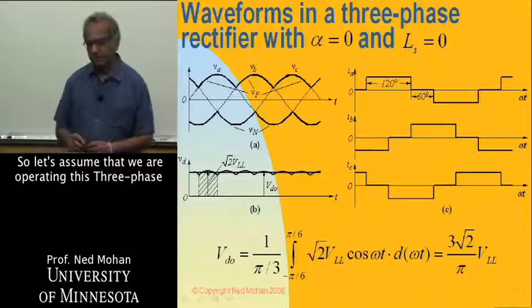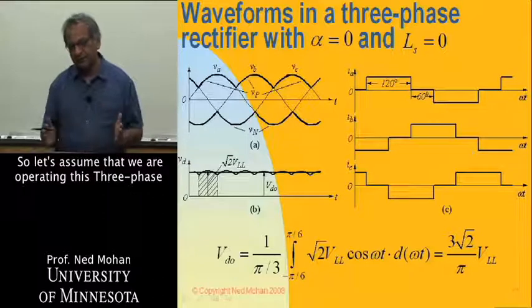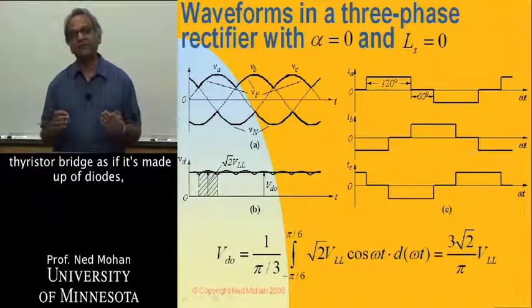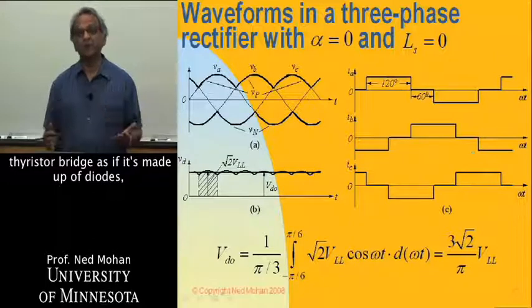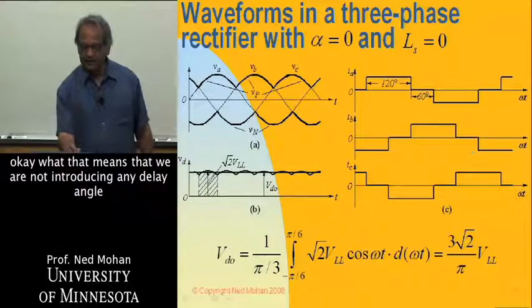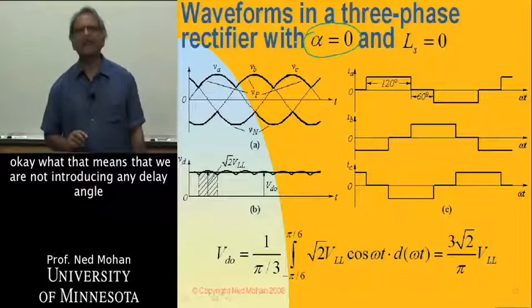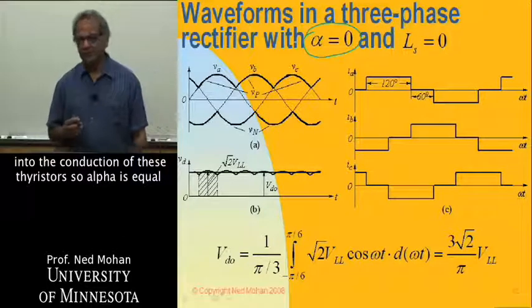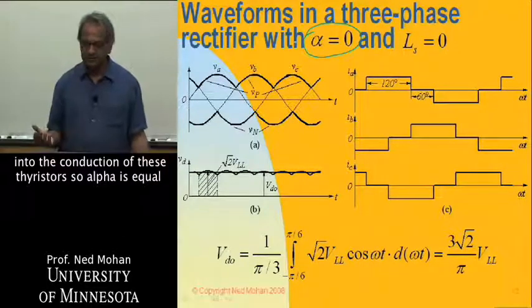So let's assume that we are operating this 3-phase thyristor bridge as if it's made up of diodes. What that means is that we are not introducing any delay angle into the conduction of these thyristors, so alpha is equal to 0.